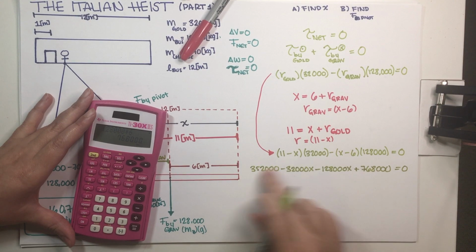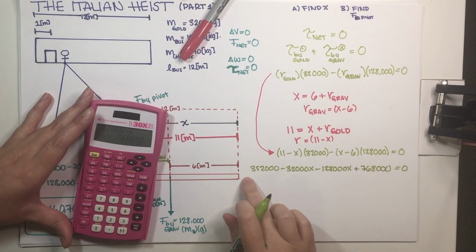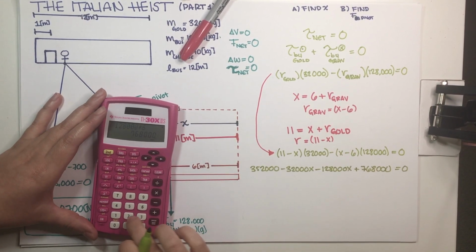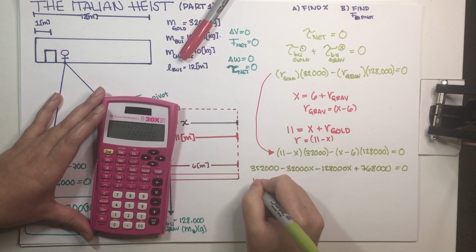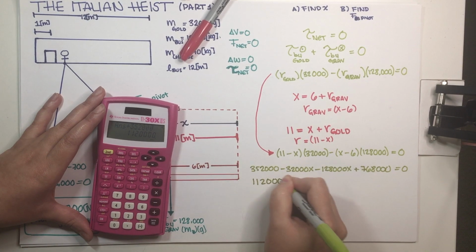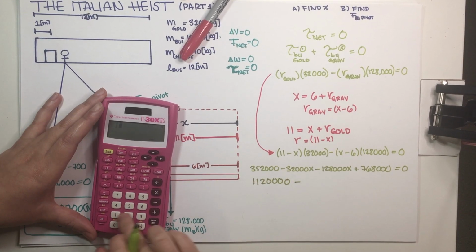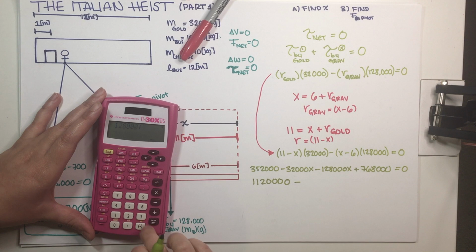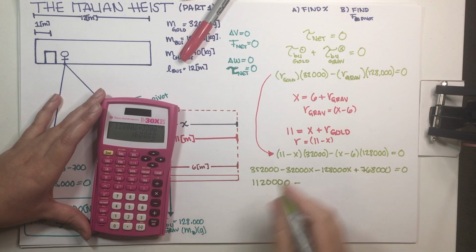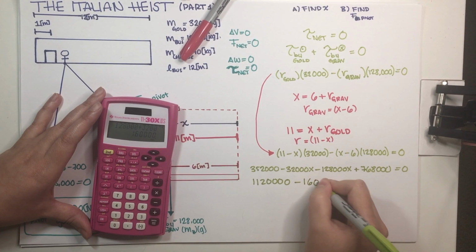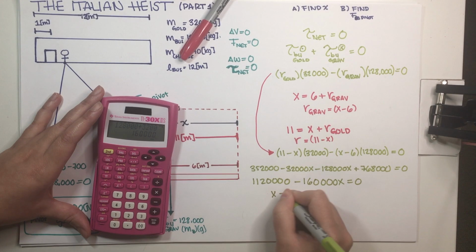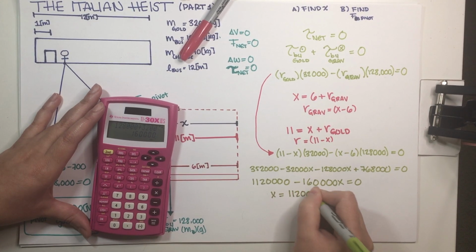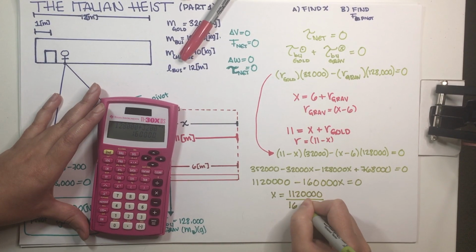So now I'm just going to combine these two and these two. 768,000 plus 352,000, that is equal to 1,120,000. Now 128,000 plus 32,000, that is equal to 160,000. x is equal to 0, so x is just this number divided by this number.